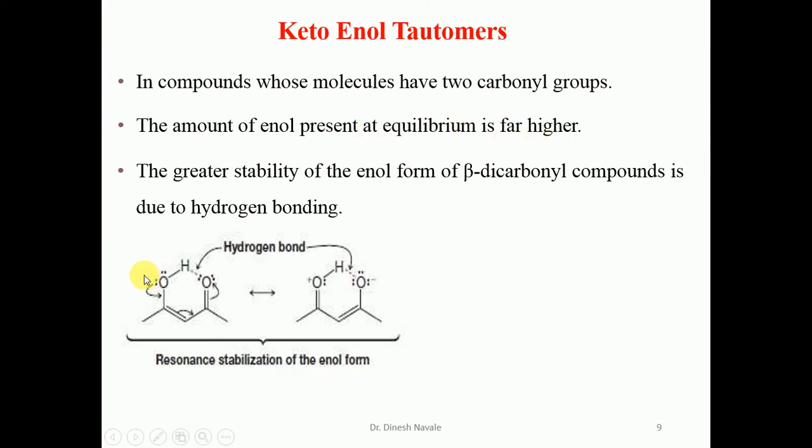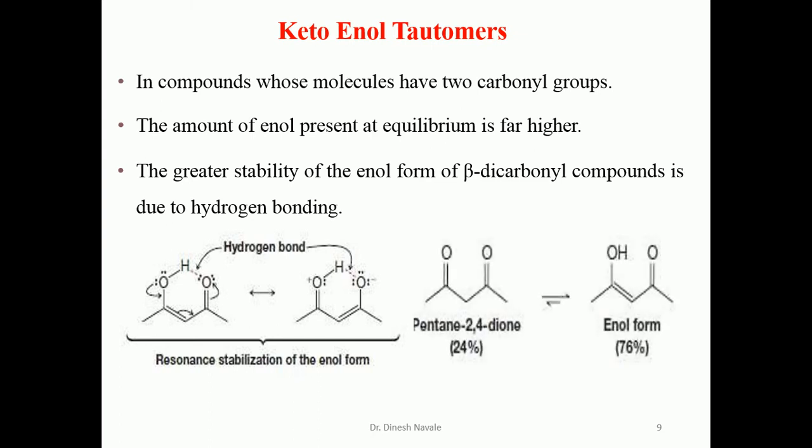Why is it so? Because in a 1,3-dicarbonyl compound, during enolization there is a formation of a 6-member ring compound, in which there is a hydrogen bond with the OH, and this hydrogen bond makes the enol more stable than the keto form.